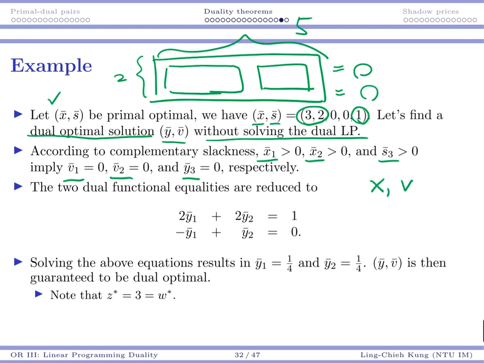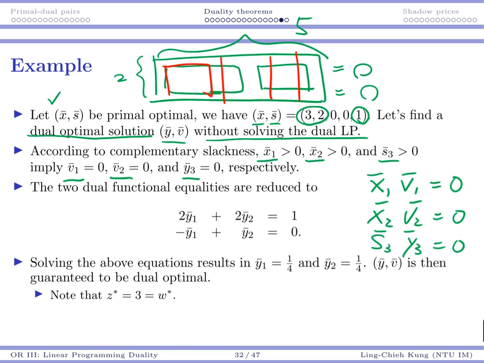Because x1 and v1, the product must be 0 if you are talking about the optimal pair. x2, v2, their product must be 0 if they are optimal. Finally, s3 and y3, they must multiply to 0 if they are optimal. In short, if a primal solution is positive, the dual slack must be 0 and the other way. So that allows us to eliminate v1, v2, and y3.